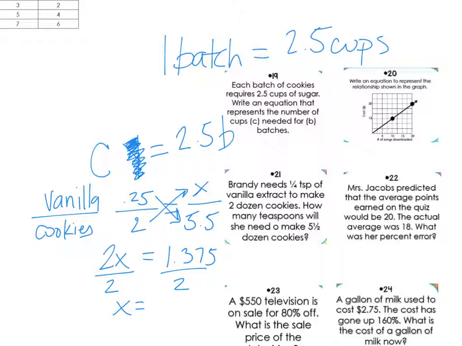So 1.375 divided by 2. So this is 0.6875. If you have math skills like me, you would realize that that is 11/16 of a teaspoon. Boom.